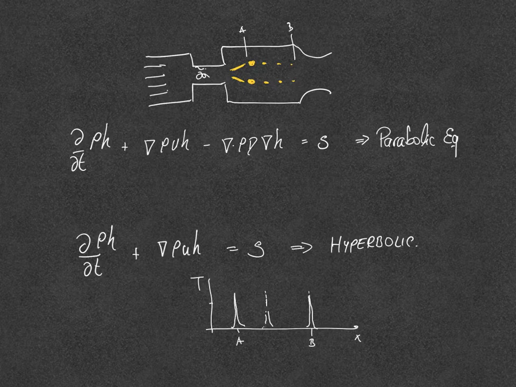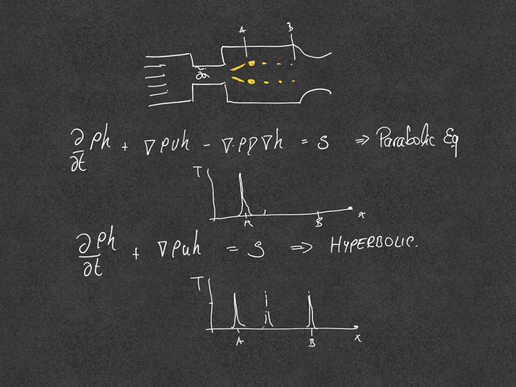In this case, however, we have maybe the same initial distribution of temperature, with points A and B and this peak, but as it evolves, it gets a little bit smoother, and when you arrive at B, it's going to be something like this. So it gets smoother, it diffuses.